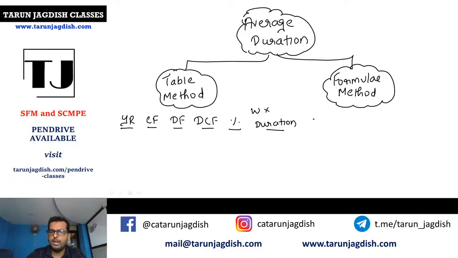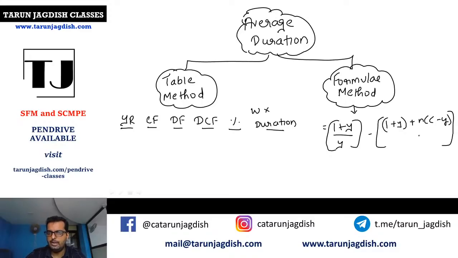The formula would be: average duration is equal to (1 plus y) divided by y, minus (1 plus y plus n times (c minus y)) divided by c times ((1 plus y) to the power n minus 1) plus y. Beautiful formula, friends. I think I have not written it very neatly. You copy down till here. I'll write it down again on a fresh page.